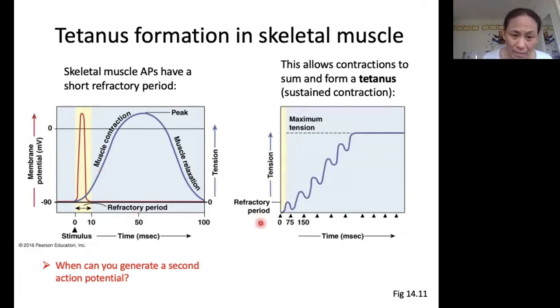On the right, each of these little triangles indicates an action potential. When you have your second action potential, you start a second muscle contraction that adds on to your previous muscle contraction because you haven't finished it yet. You can continue to sum together small muscle contractions to make a bigger and more sustained muscle contraction, which is what we refer to as tetanus.